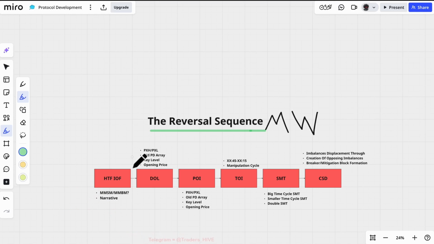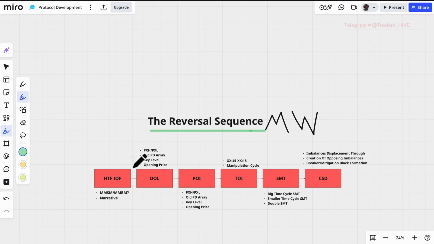The next step is paying attention to opening prices. And I'm not referring to opening prices in the sense of just midnight openings, so daily openings or whatever. No, I'm referring to bigger time cycle openings. So we're speaking about monthly openings, then quarterly openings, yearly openings, etc. Because once you start paying attention to those bigger time cycle opening prices, you're able to have a premium and discount filter.